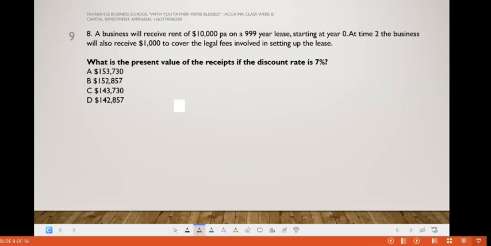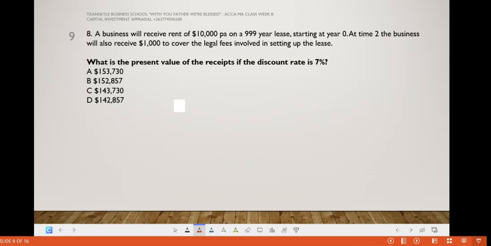What is the present value of the receipts if the discount rate is 7%? Okay, so this is an issue for a modified perpetuity. It's a combination of a perpetuity and some ordinary inflow at a certain point in time.